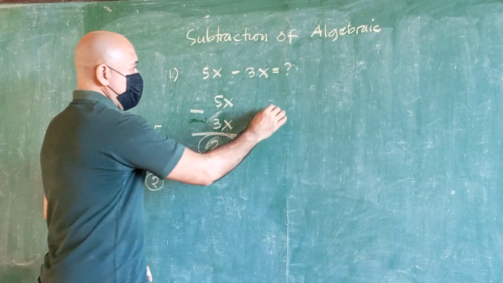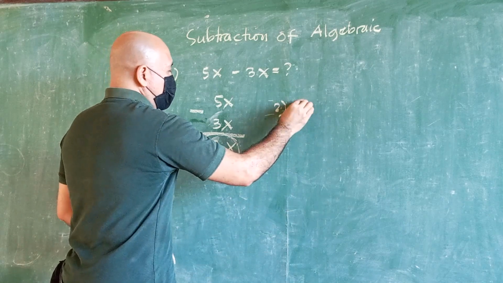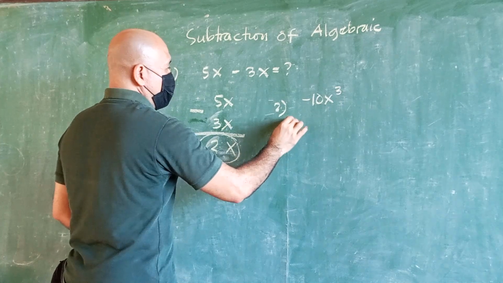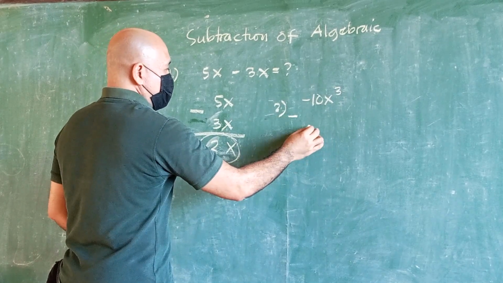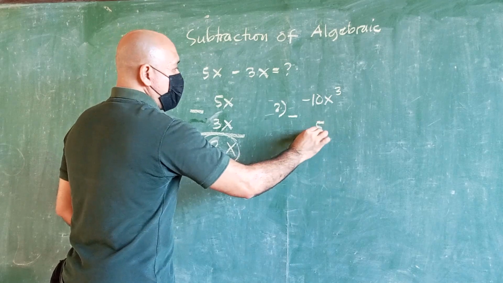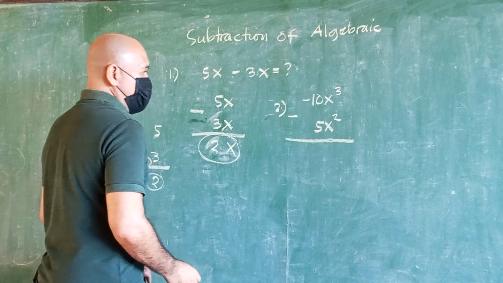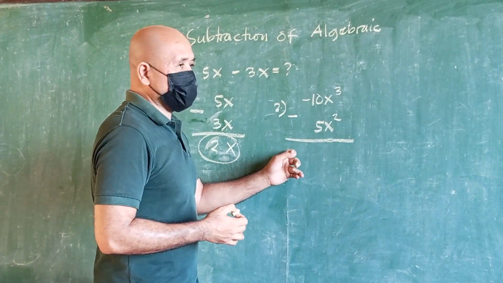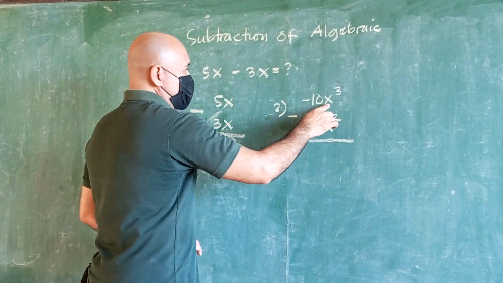Let's proceed to the second example. Supposedly you have negative 10x cubed minus positive 5x cubed. So we are considering here where the given algebraic expressions are similar.